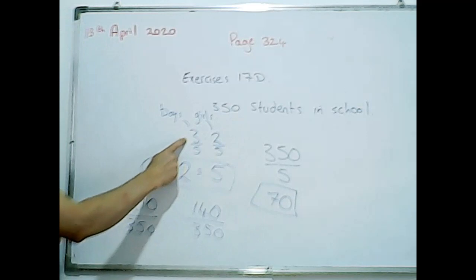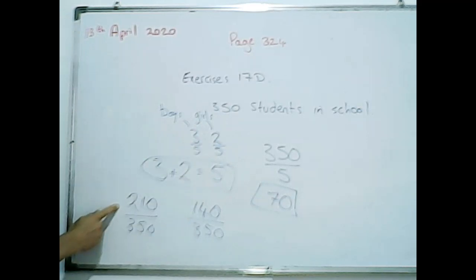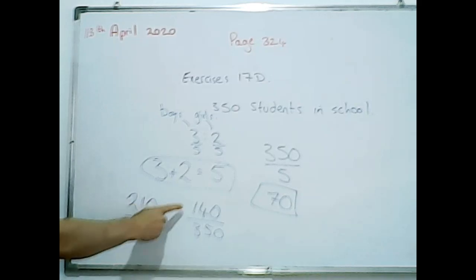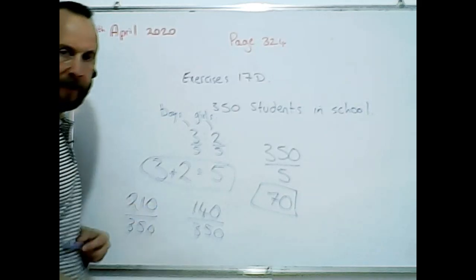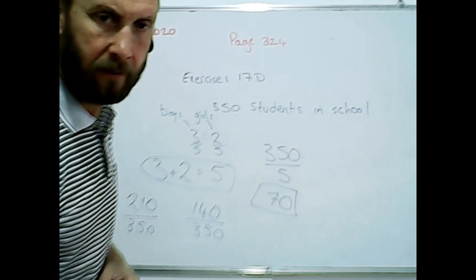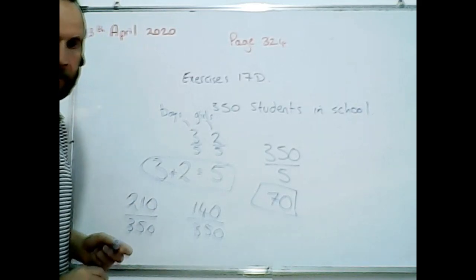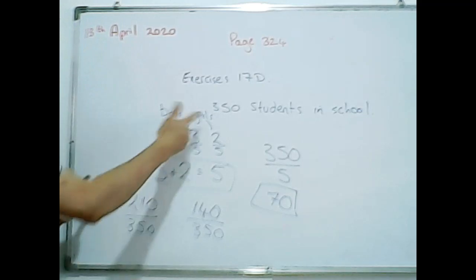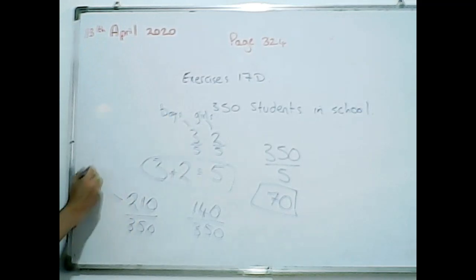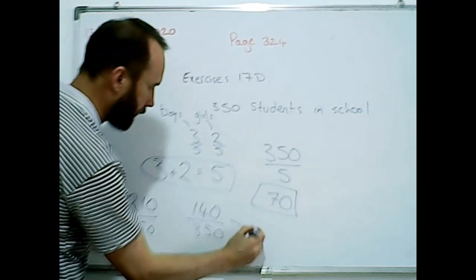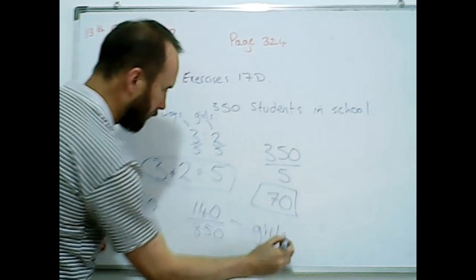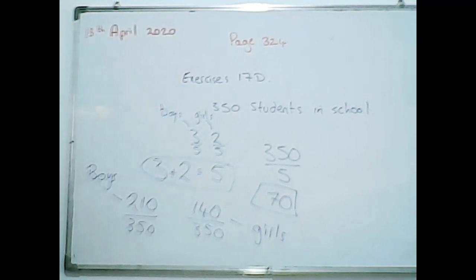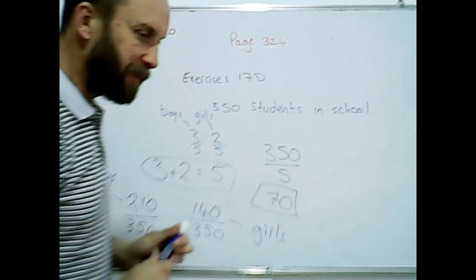Then we multiply by the 3, so we've got 210 here, and we've got 140 here. Anyway, that means we've got 210 boys and 140 girls. Excuse me. It's not corona, don't worry.